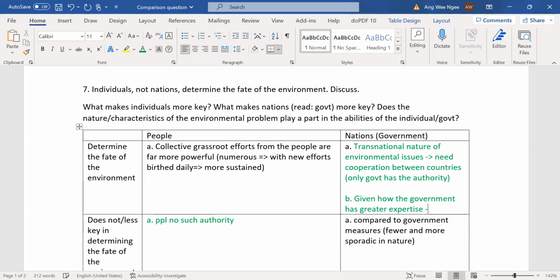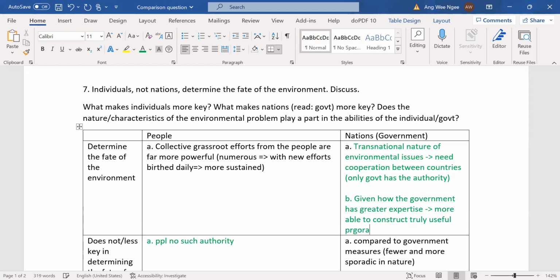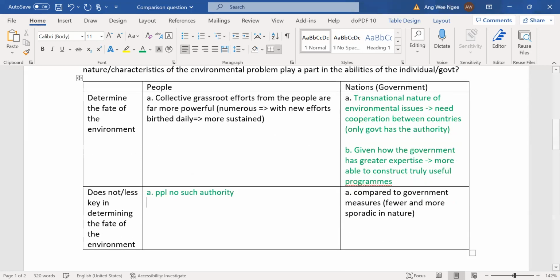All right, so they're more able to construct truly useful programs. So this one is in contrast to people who have perhaps less knowledge, and perhaps this kind of dilutes the impact of their efforts.